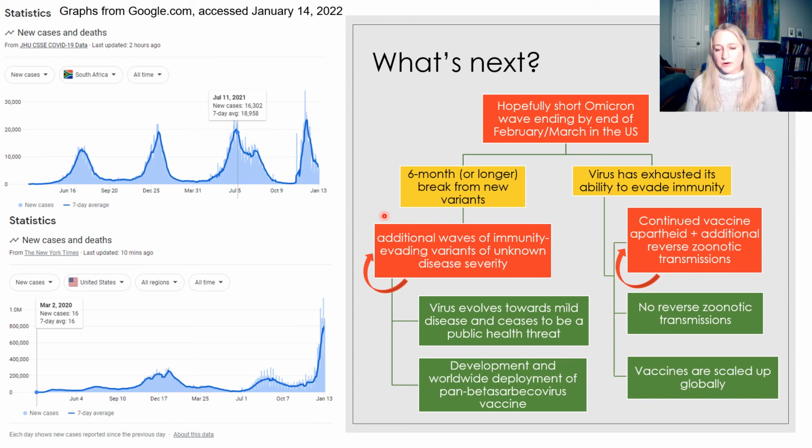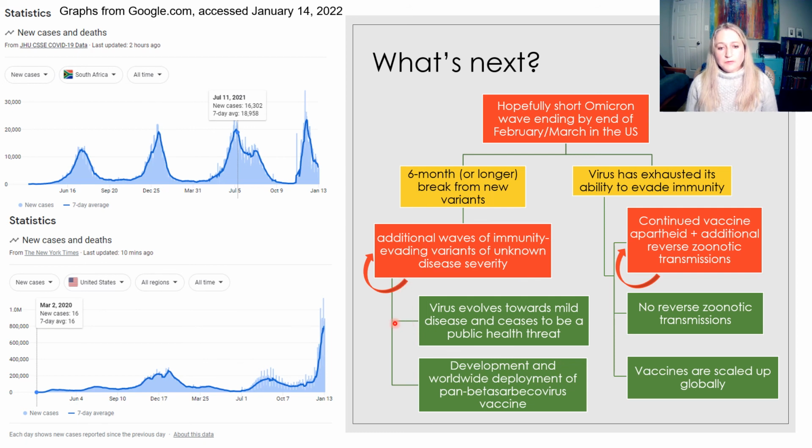And we don't know how severe the disease from these additional waves is going to be. So this could go on for years potentially. So what's the end game here? Well, the end game in this scenario is that over time, probably over some matter of years, the virus, we hope, would evolve towards mild disease and might cease to be a public health threat. But this could take a while. We don't know how long.